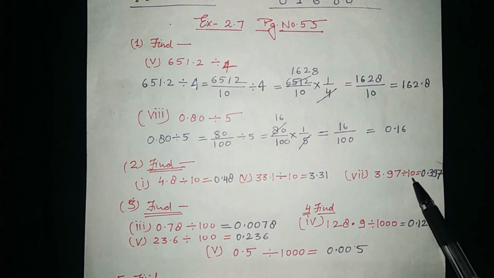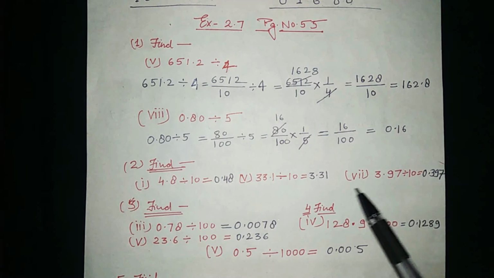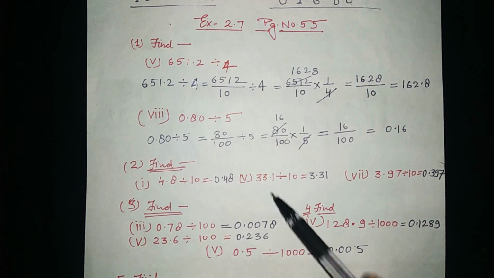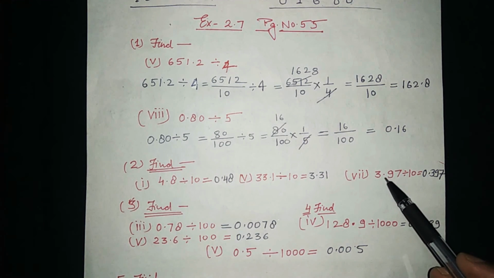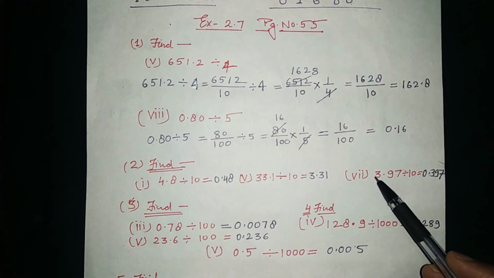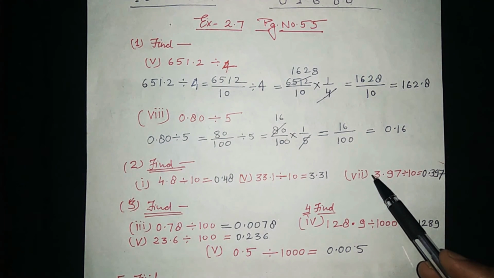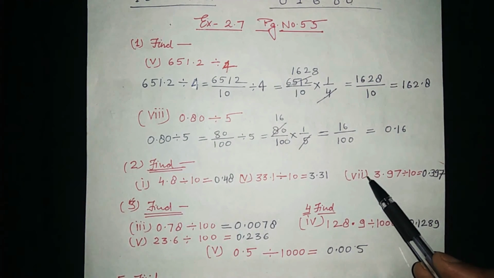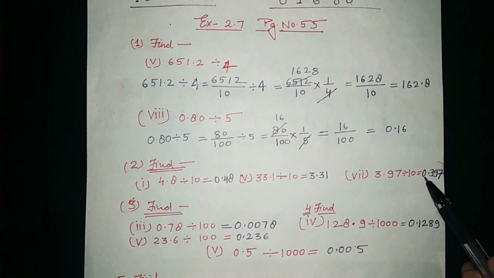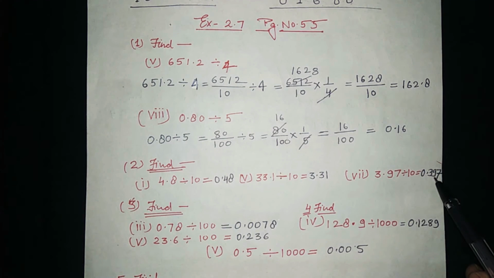Here 10 you can see 1 0, and like the first and fifth part, here also we are dividing it by 10 and we have to shift the decimal left side by 1 place. Now like this we will shift here, the decimal will come here, and our number will be 0.397.